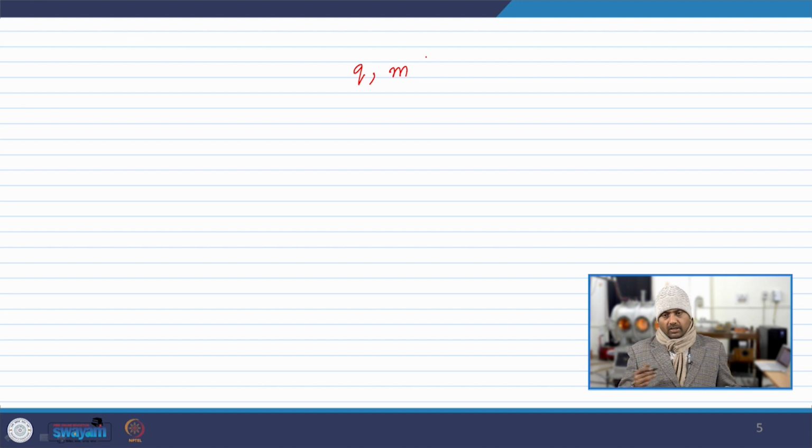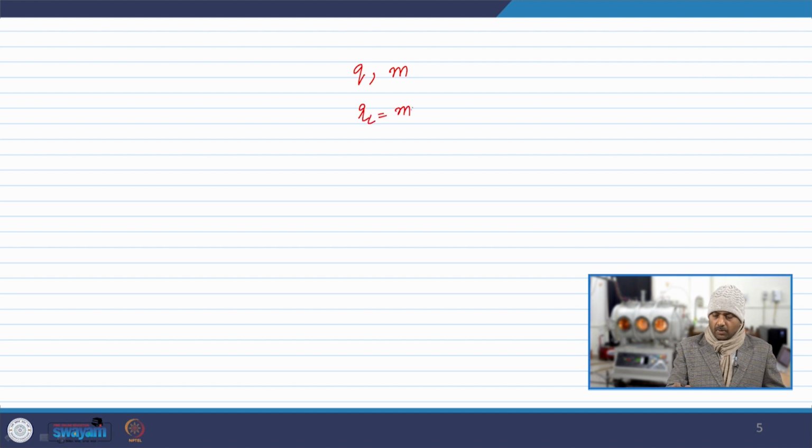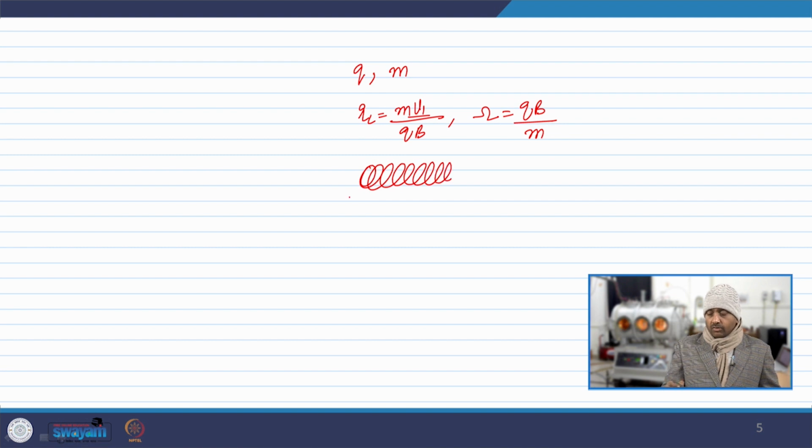Mass is, for the electron, very small, for the ion very large. So, RL is m v perpendicular by qB, omega is qB by m. So, for an electron the radius would be smaller and frequency would be larger, isn't it? Smaller mass means larger frequency.